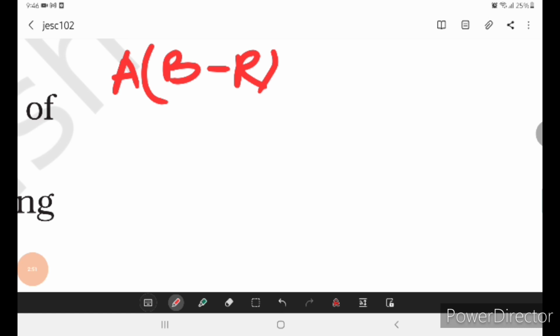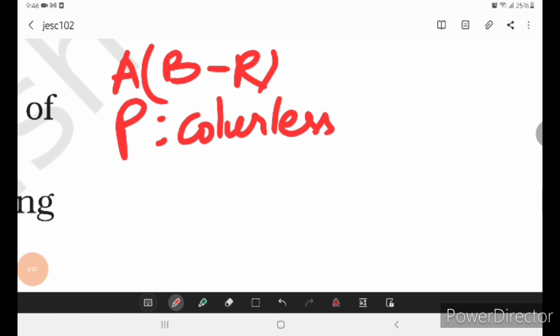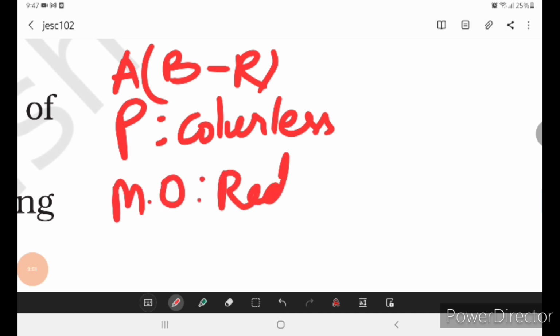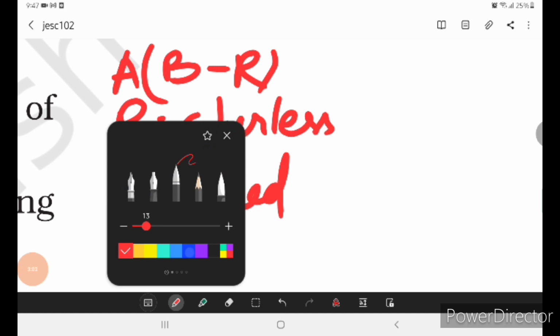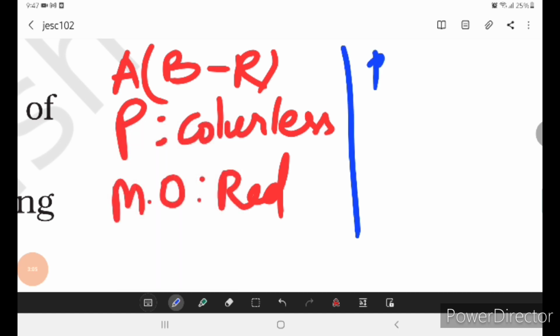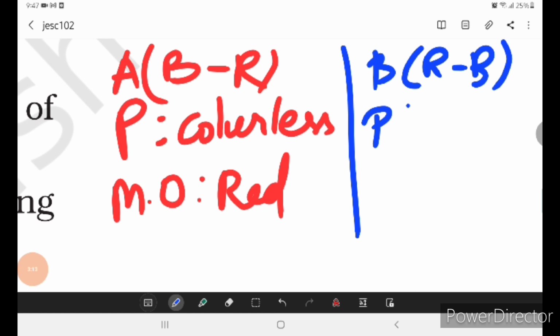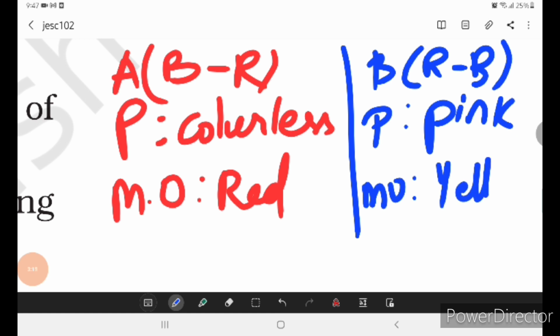The phenolphthalein remains colorless in an acidic solution, whereas the methyl orange turns red. Next, coming to bases. Bases turn red litmus blue. The phenolphthalein becomes pink, whereas the methyl orange becomes yellow.